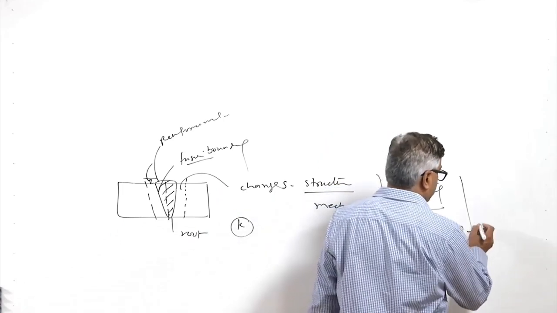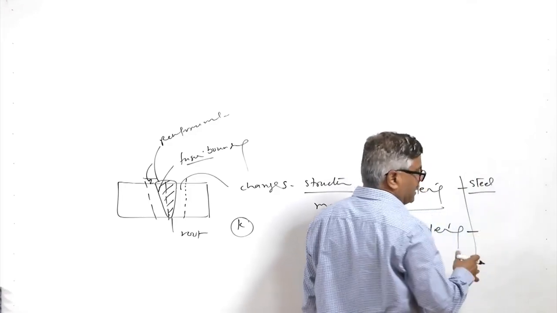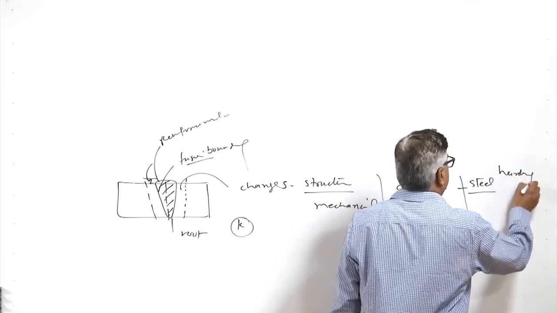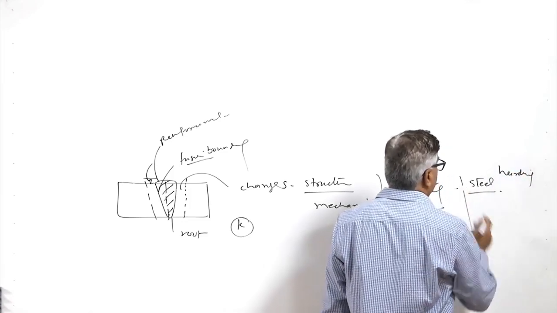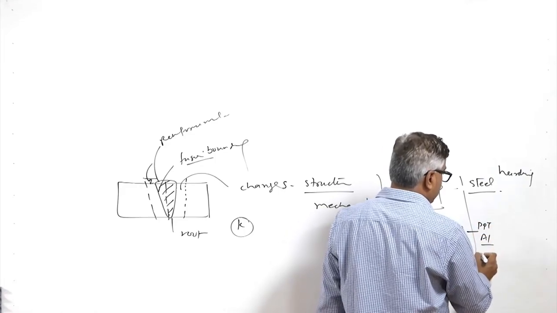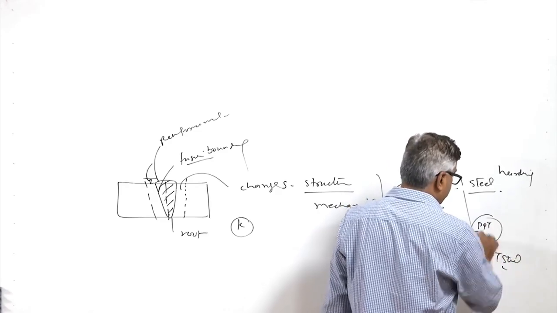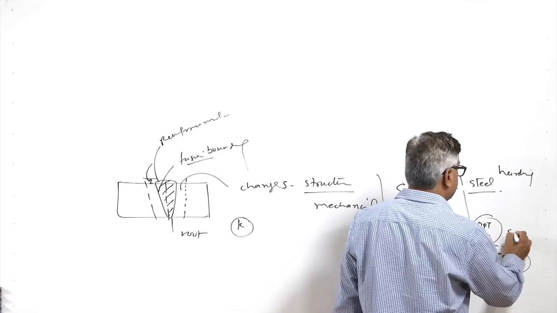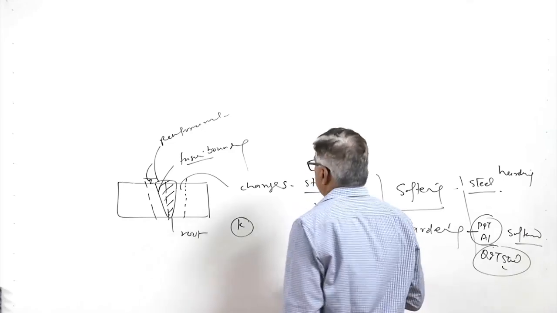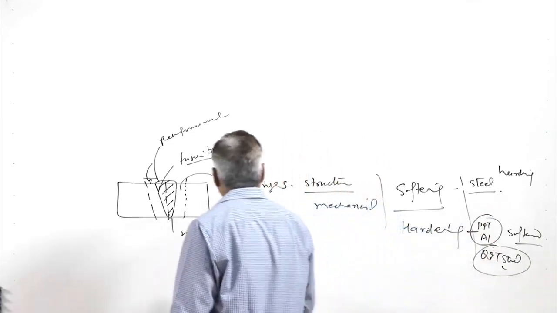For example, most of the steels in normal conditions like annealed or normalized conditions get hardened, while the precipitation hardened aluminum alloys as well as quenched and tempered steels both get softened. So, depending upon the kind of process and the metal system, hardening and softening can occur in the heat affected zone.